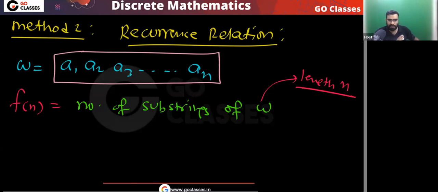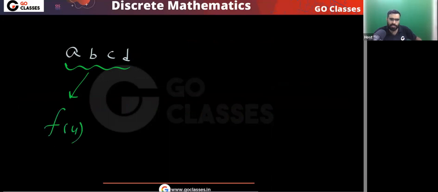You tell me one thing, a simple question I am asking. For example, let me give you the string a, b, c, d. Let's assume you know how many substrings you can create from this string, but I don't know this value.